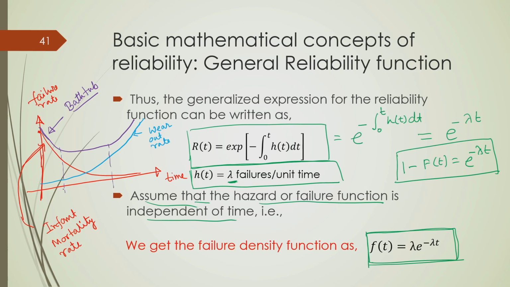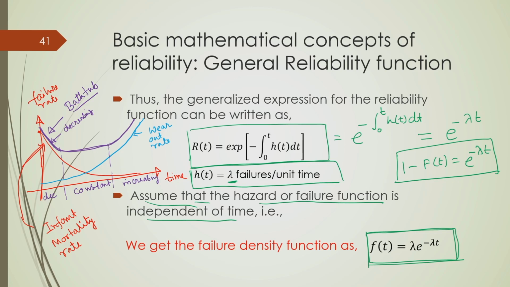One region is this decreasing failure rate. There is a region where you have a constant failure rate, and up to a certain time there is an increasing failure rate.